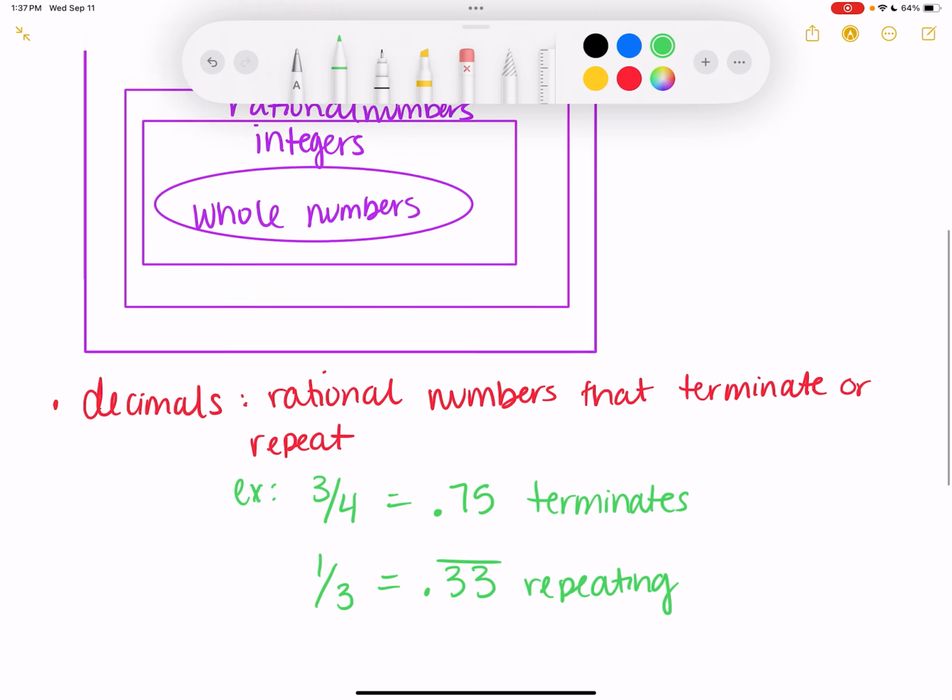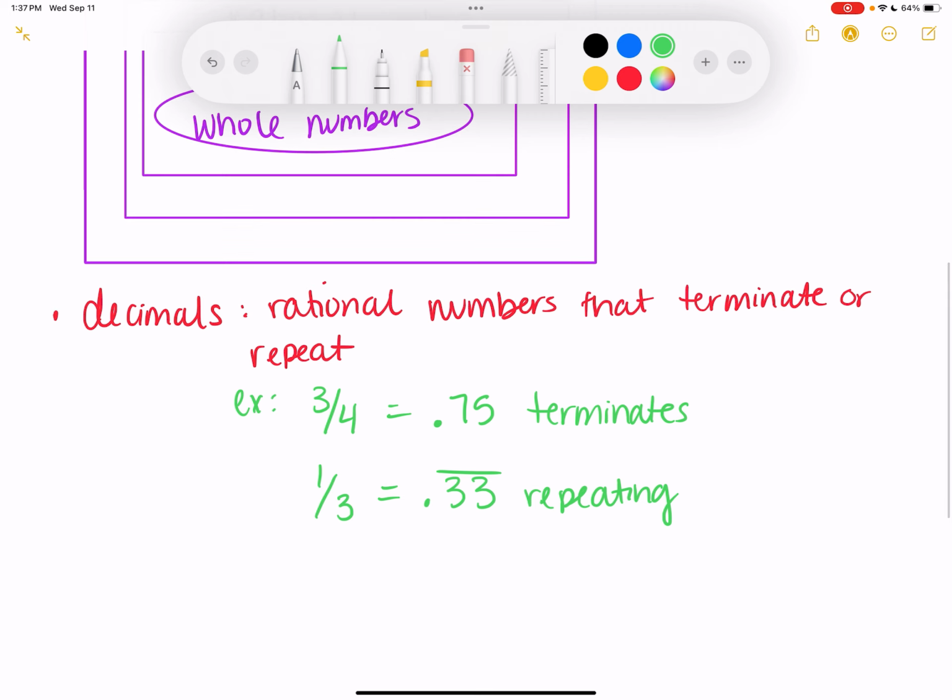Sometimes you'll have a decimal that gives you something like 0.345345 and so on and so forth, and that would also be a repeating decimal.